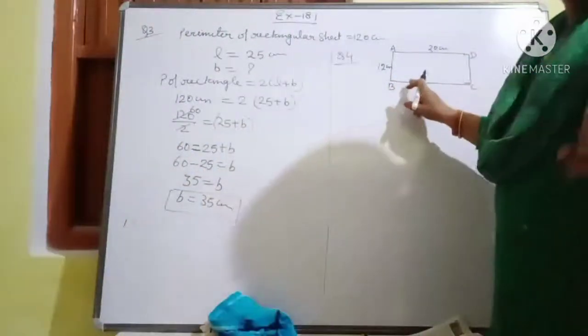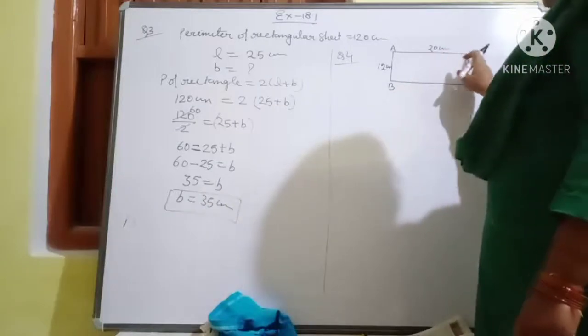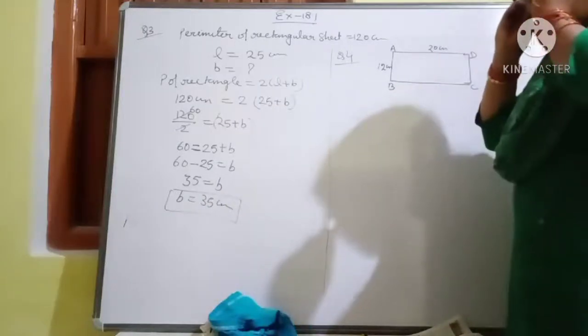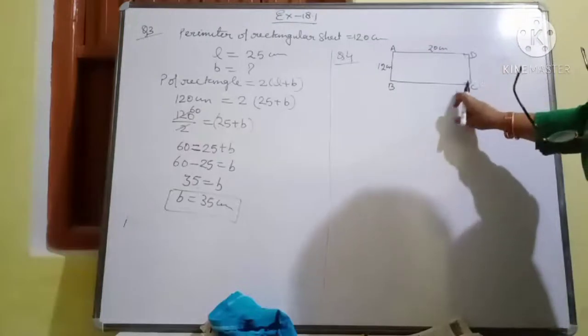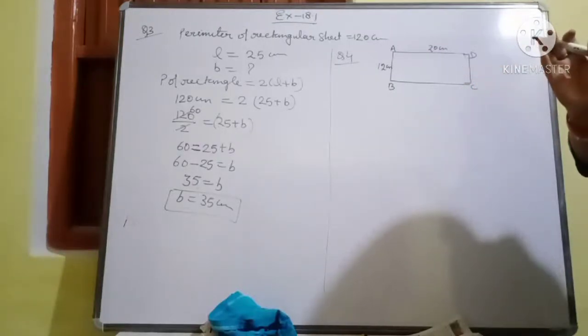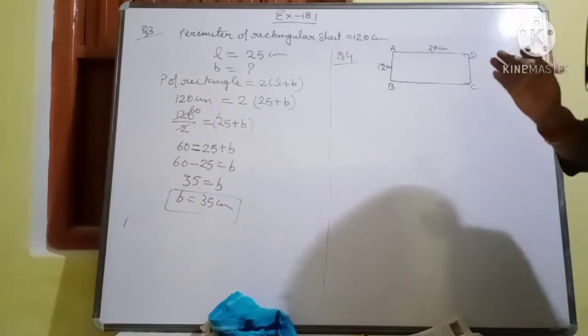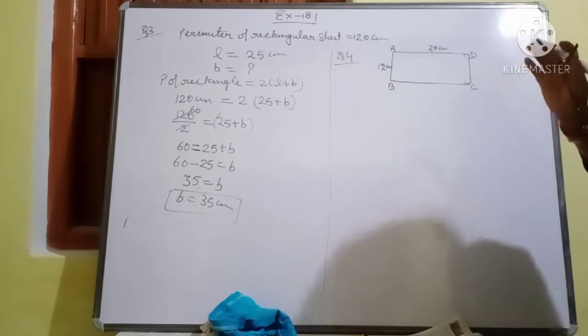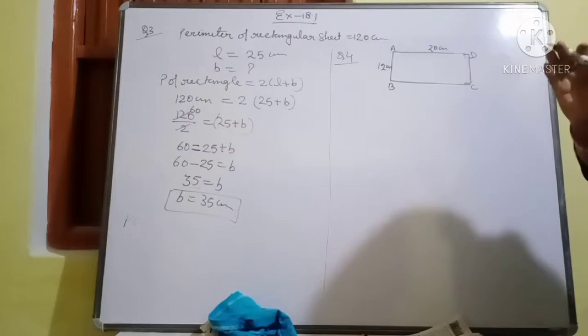Beta, now it is a rectangle. So what will we do? First of all, we will find the perimeter of this rectangle, so that we can conclude the length of the wire, which can be calculated only with the help of the perimeter.